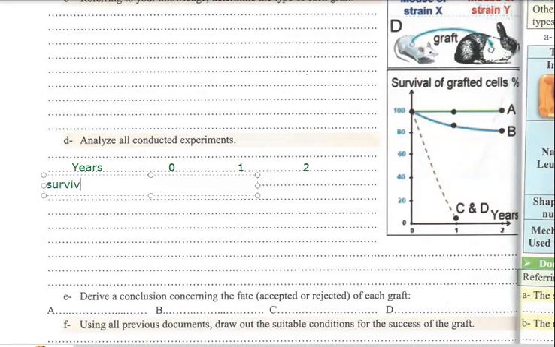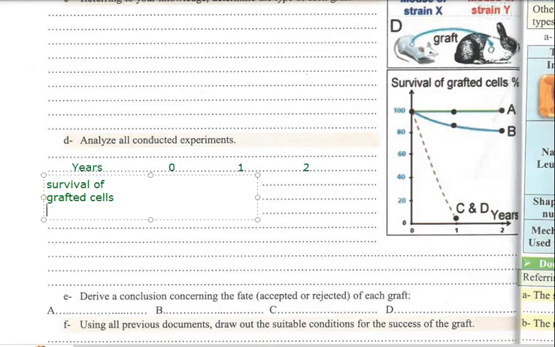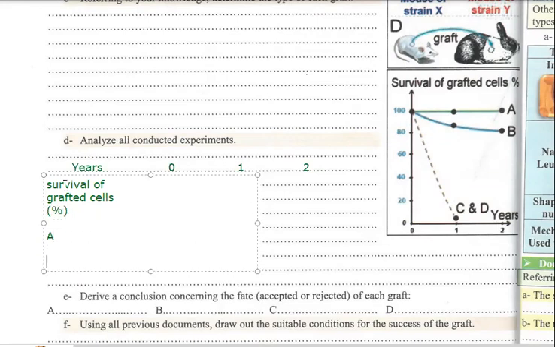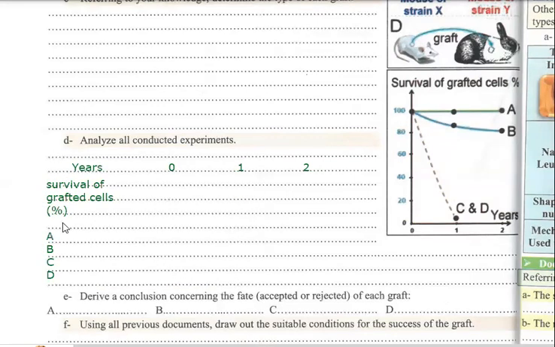Survival of grafted cells. We should never forget the percentage, the unit used. I have 4 experiments: A, B, C and D. Now I'm going to draw the table.